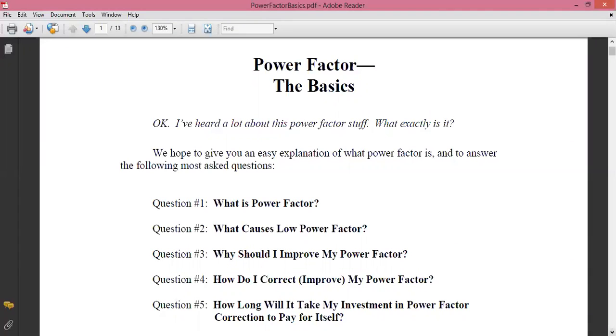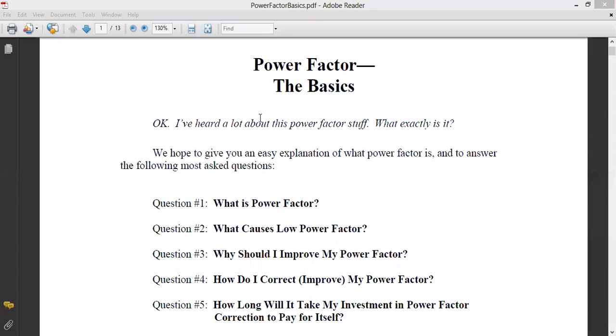But if we talk about an inductor or a capacitor, in both cases the voltage and current are out of phase. That means the angle between voltage and current is equal to 90 degrees.